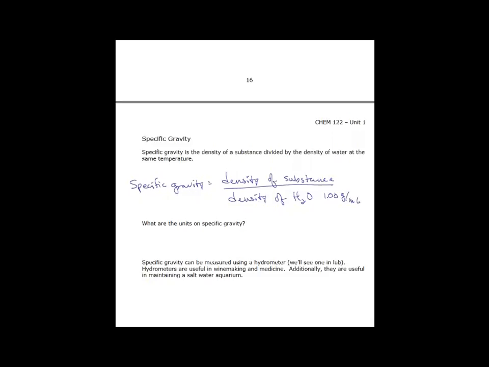And let's say our substance is an alcohol and it has 0.78 grams per milliliter as the density. So grams per milliliter over grams per milliliter, the units cancel out, and there are no units.